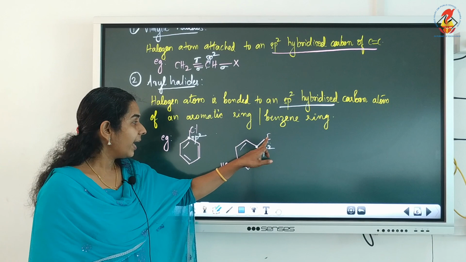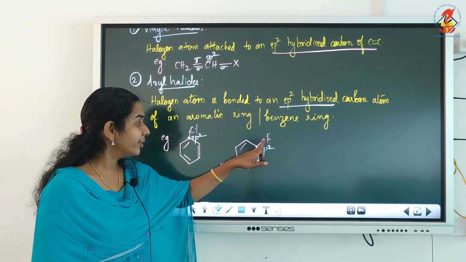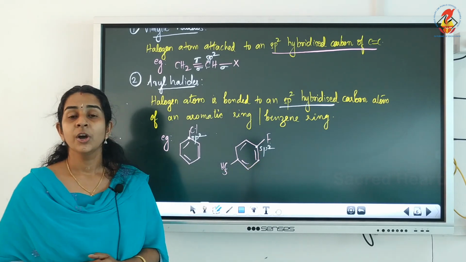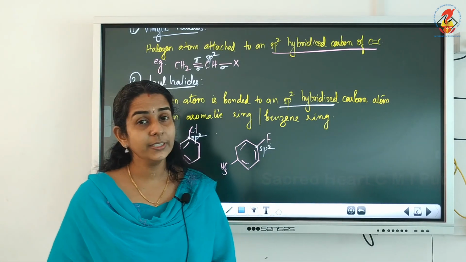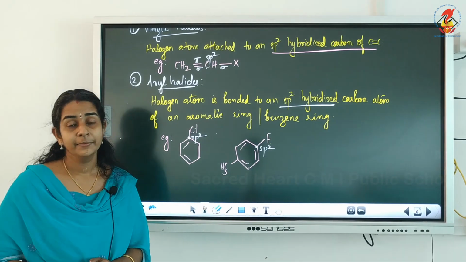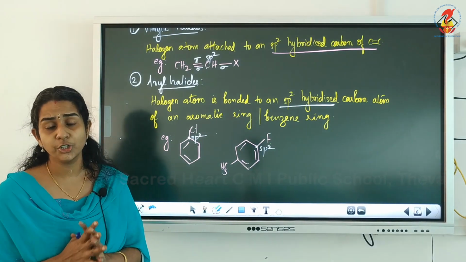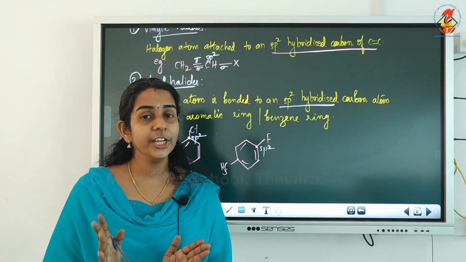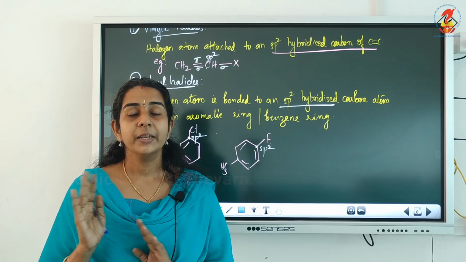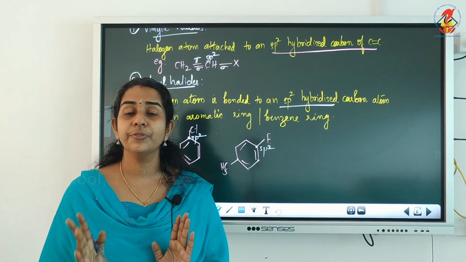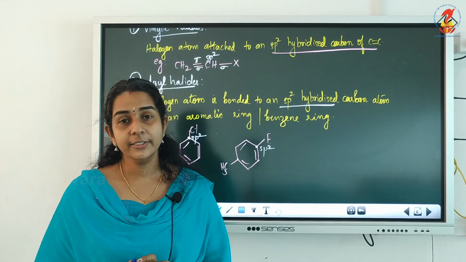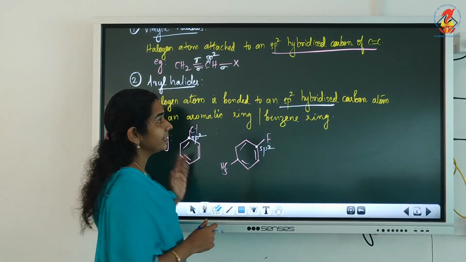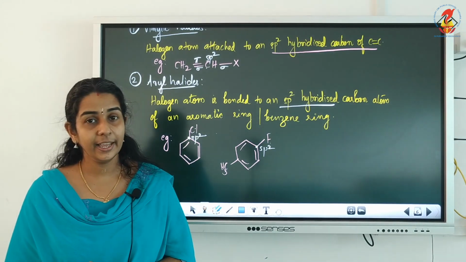Such compounds are known as aryl halides. Halogen directly attached to a benzene ring means it is an aryl halide, but if a carbon atom is present in between the halogen and benzene ring, such compounds are known as benzylic halides. So this is about the classification of haloalkanes and haloarenes.